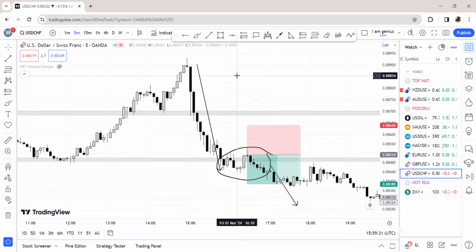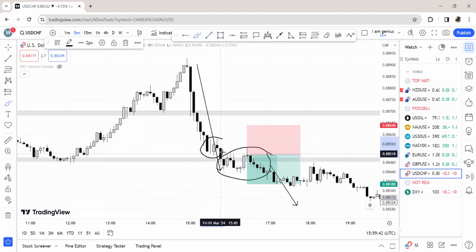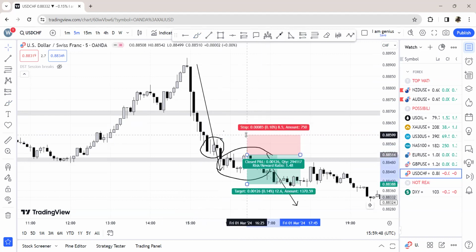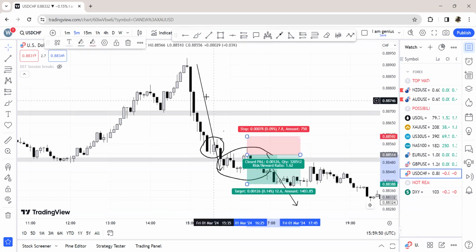You can see these wicks here. You can see they're like some wicks right around this level. So you want to put your stop loss right above those wicks, somewhere there, because you know the momentum is high. How?